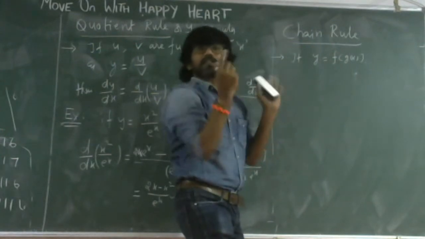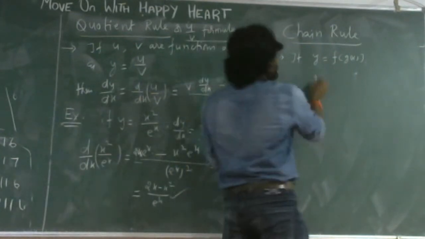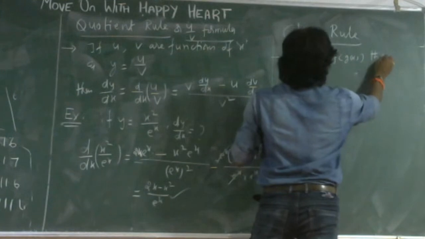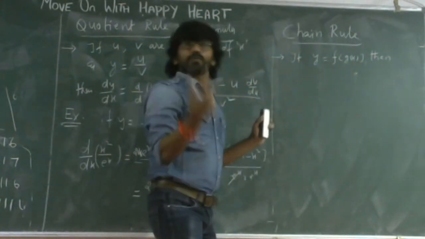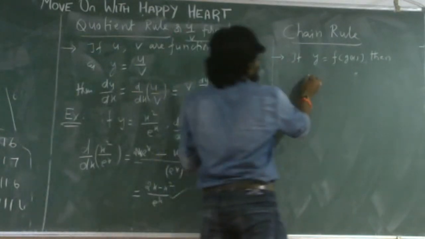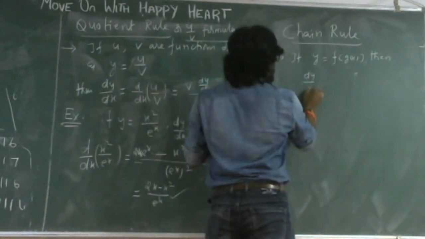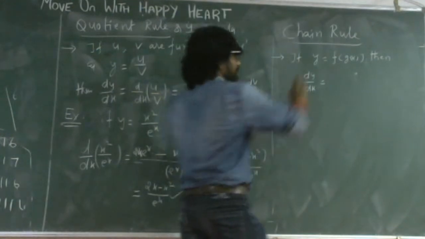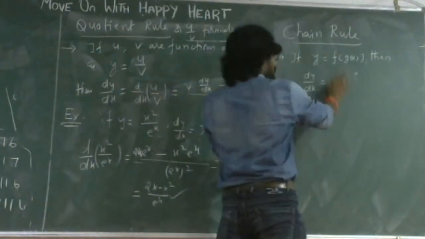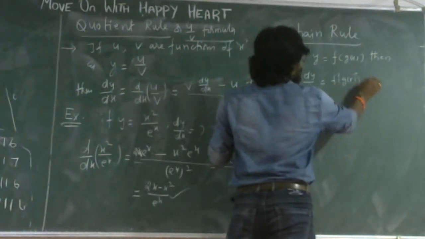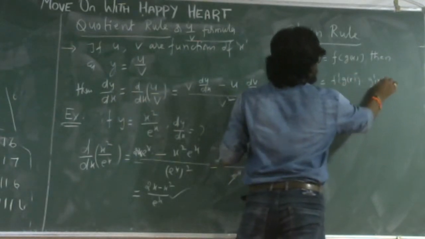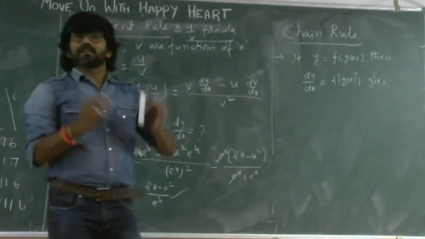Then you take g of x as u, and dy by dx is equal to f dash of g of x into g dash of x. This is called the chain rule.